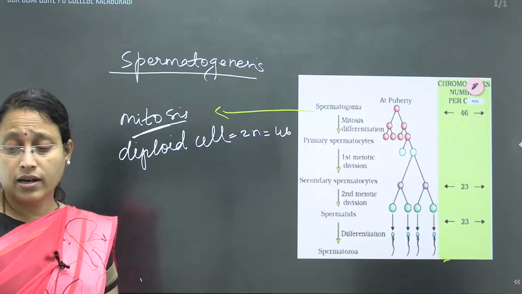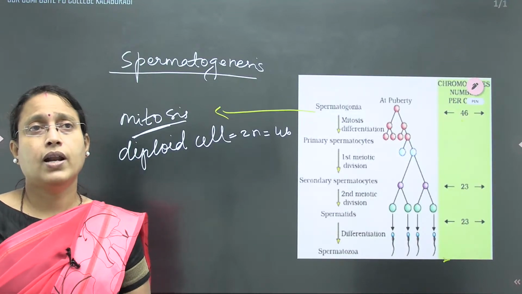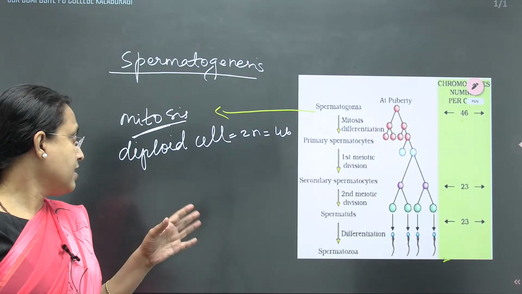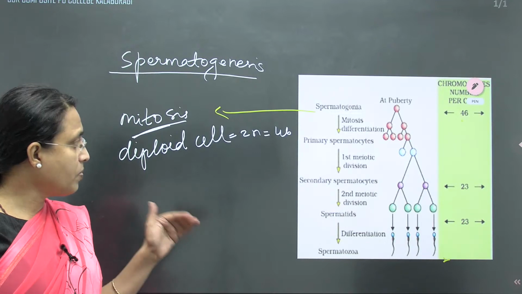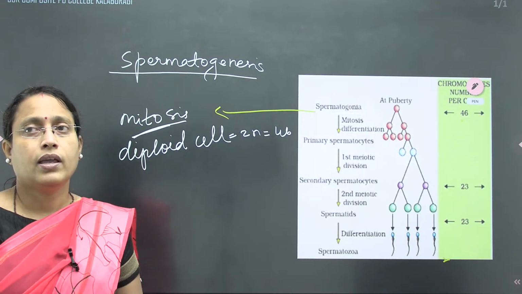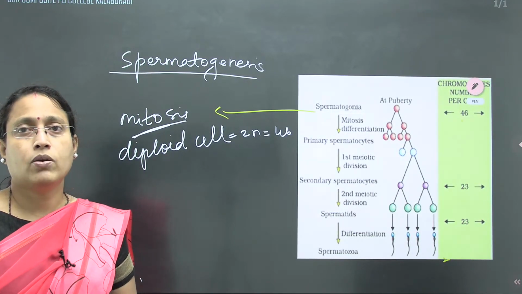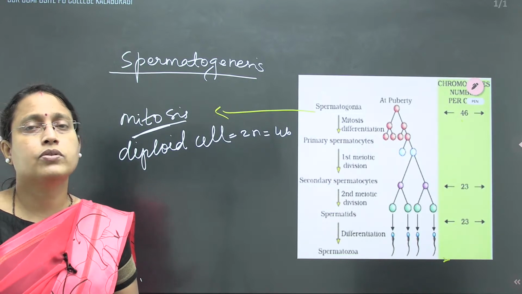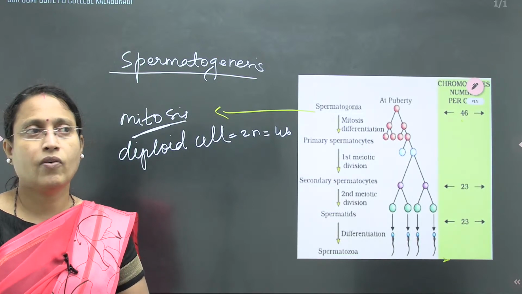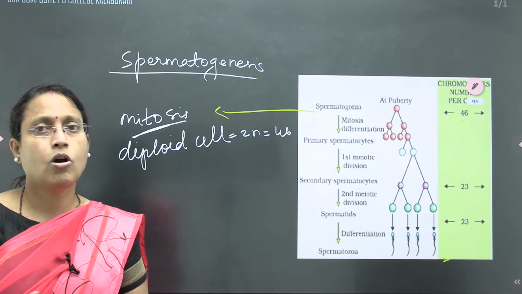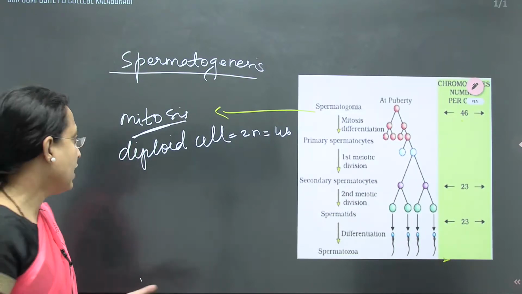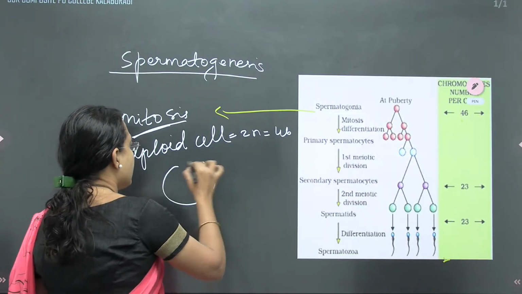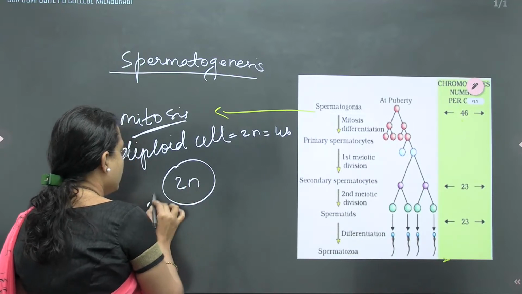Next, since this spermatogonia forms sperms, it has to undergo mitosis and then start producing daughter cells. Are all the daughter cells the same or different? They are actually different.